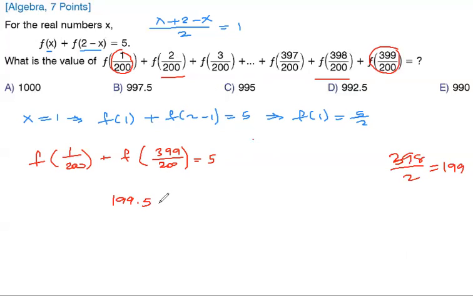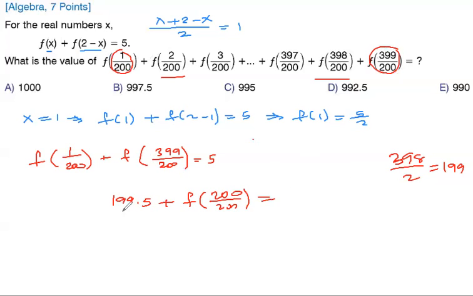Each pair adds up to 5, but there is also one term in the middle, which is going to be the 200th term, because we need to pair the first 199 terms with the last 199 terms, which is 398 terms. So you get one more term, which is the 200th term. The 200th term is f of 200 over 200, and this is equal to f of 1, which we already know is 2.5.